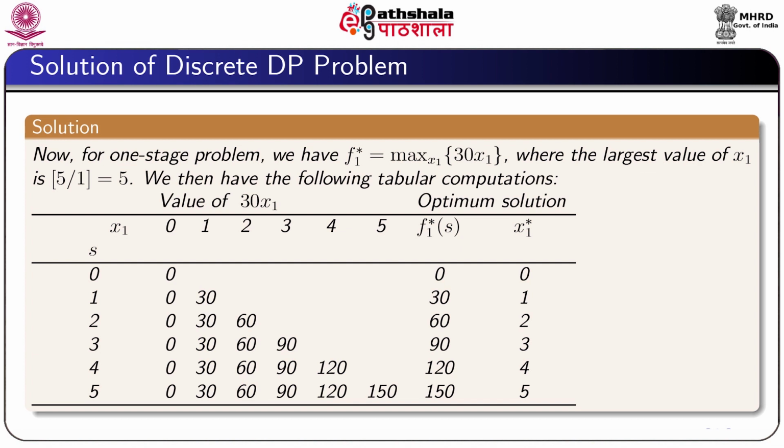Therefore, depending on these values of s and x1, we can find the value of 30 x1 as shown in this slide, and from this we find the optimum value of f1 for each row, and similarly we can find the optimum value of x1 star.